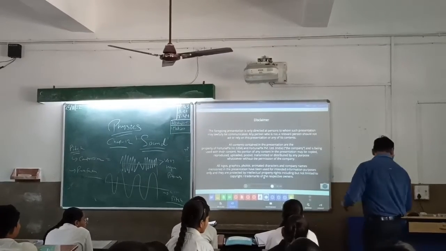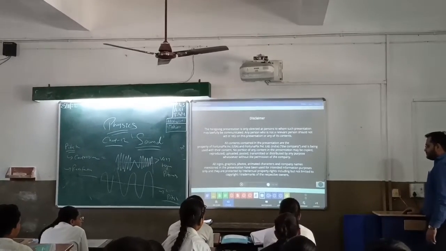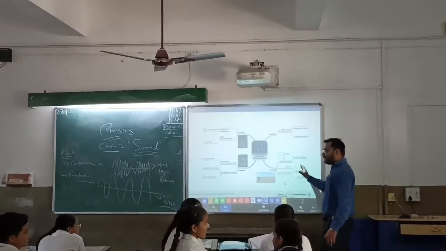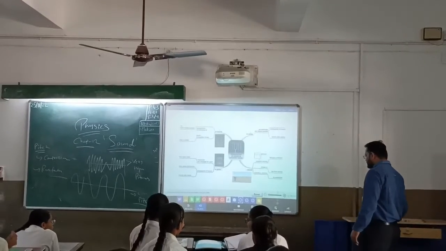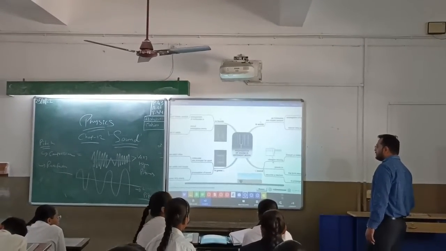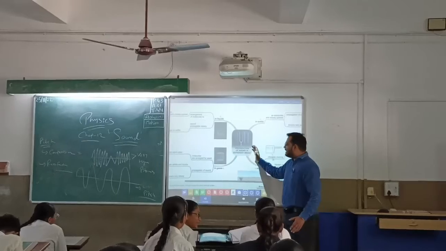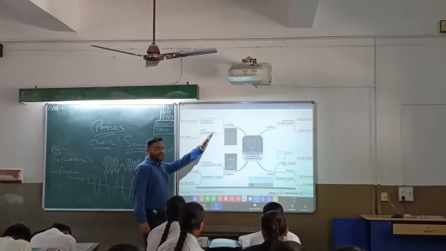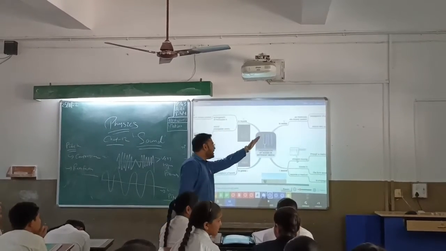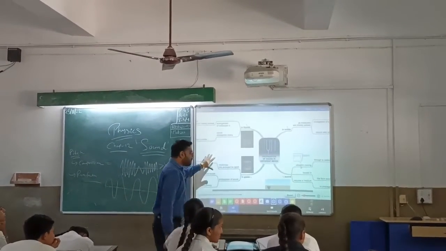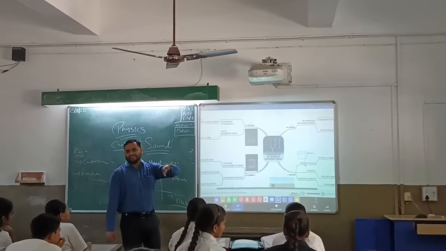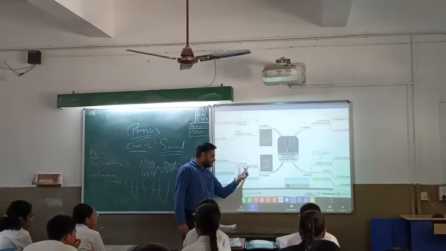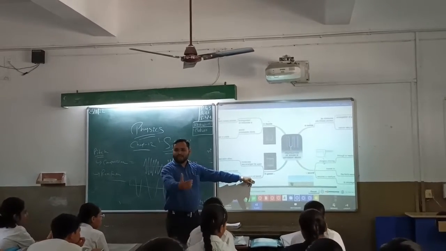The next one. This is the concept of propagation of sound in different media: in gaseous state, in liquid, and in solid. There are different types of parts in the environment, like solid, liquid and gas. In gaseous, the molecules are arranged far apart, and the particles move randomly, crossing each other.